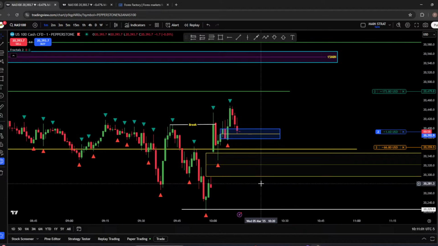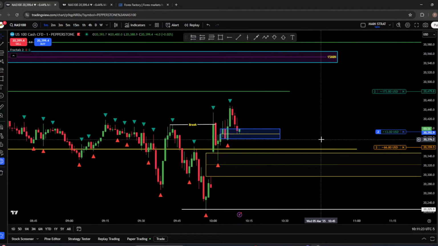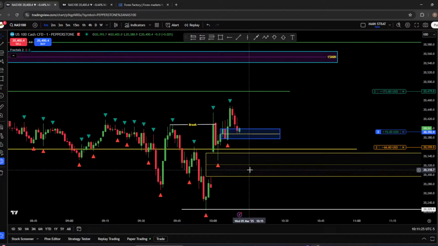But we'll see what it wants to do. It might want to immediately fill that in. Honestly, this is kind of uncharted territory for me as far as a liquidity void that big, as far as how price will react to that move.